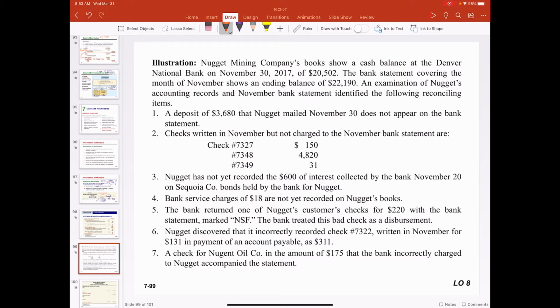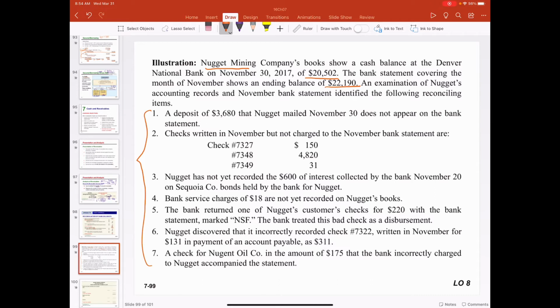The firm is Nugget Mining, and its book cash balance is $2,502. But the bank statement shows a different number, 22,190. The difference is because of the following items to be reconciled.